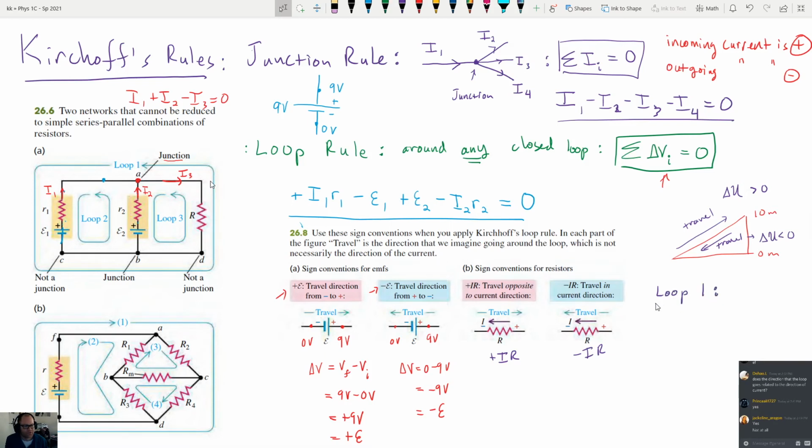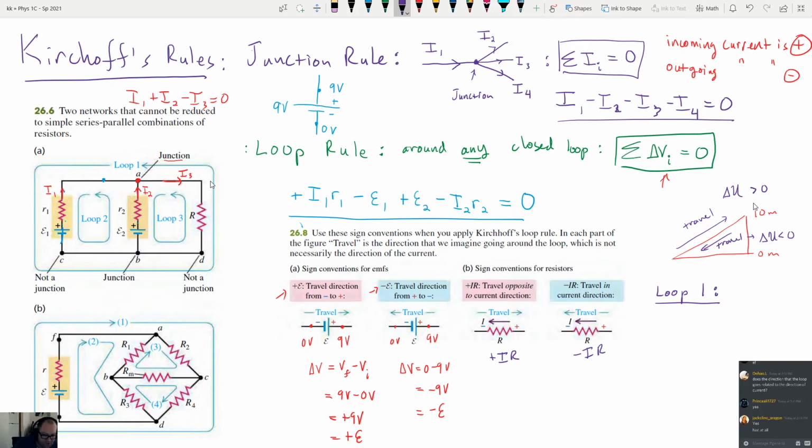And what I'd like for you to do first is to just try to write it down on a piece of paper or a tablet or whatever you're using. Just write down what Kirchhoff's loop rule would be for loop 1. Just give it a shot. If you can't do it, it's fine. We're going to do a bunch of examples. If you finish that one and you're pretty confident, you can write down what it is for loop 3.